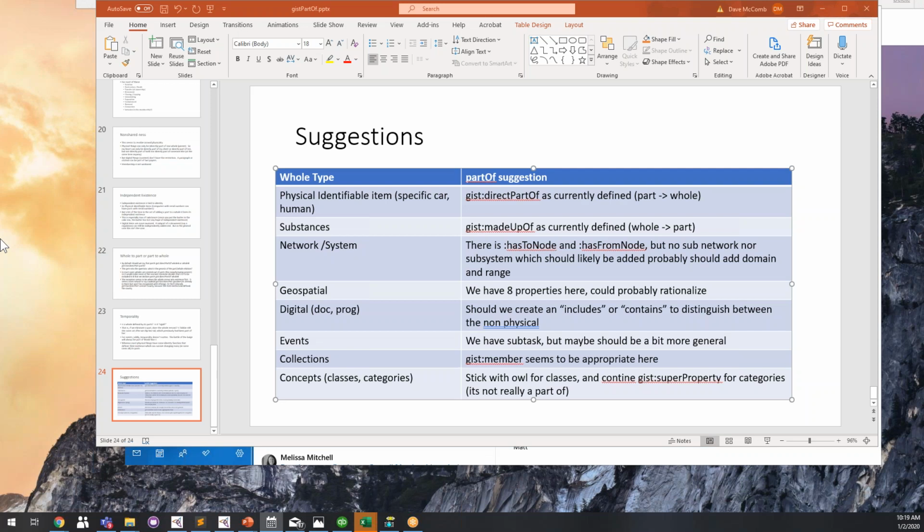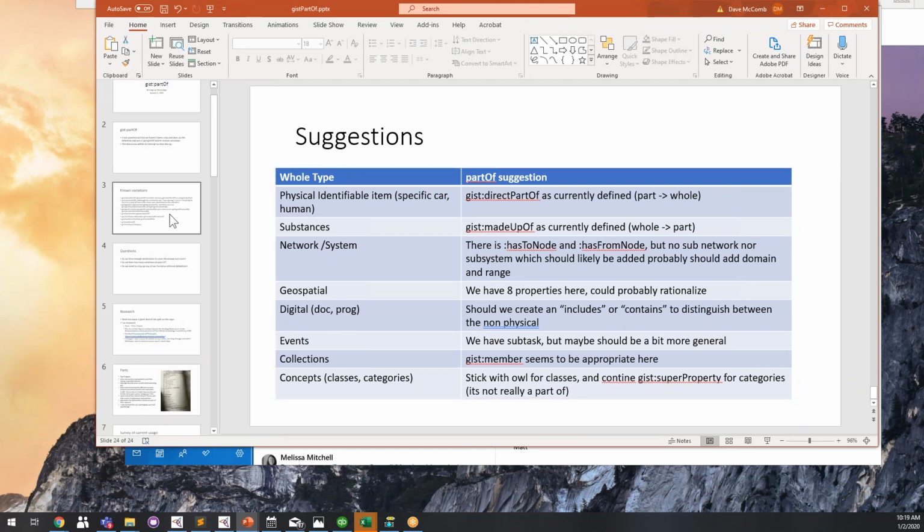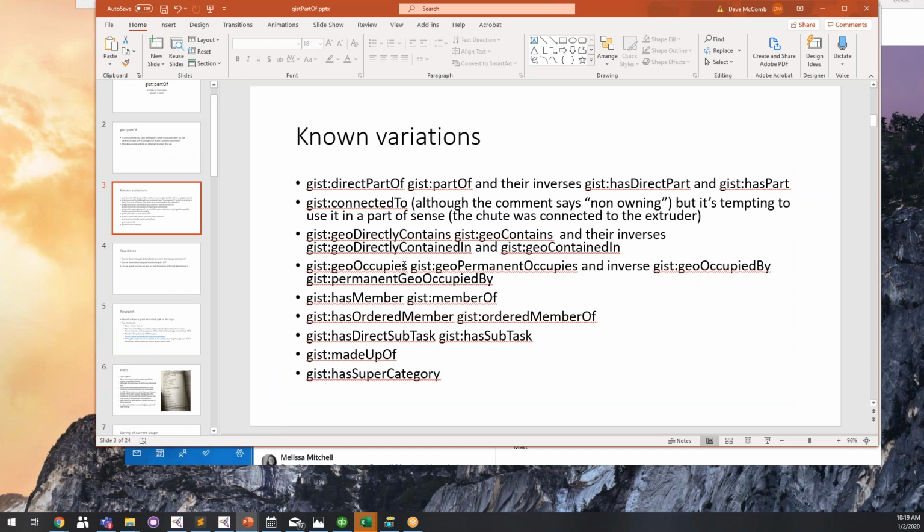Let's move on. Spatial. At the moment, I think we have too many properties. If you go back to the first or second slide, we've got all these: geo directly contains, geo contains, geo directly contained in, geo contained in, geo occupies, geo permanent occupies, geo occupied by.